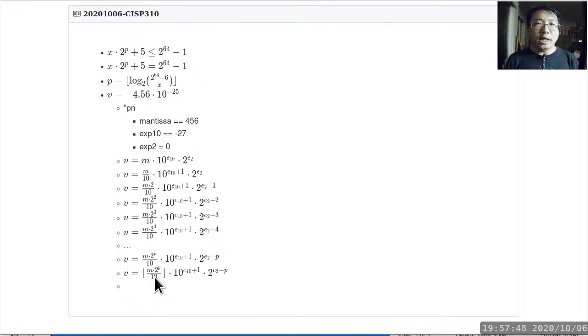Because by making m times 2 to the power of p as close as we can get to 2 to the power of 64 minus 1, we have already minimized the error. So minimizing the error is not the issue here. The issue is that when you take the floor function, we're always erring in one direction.